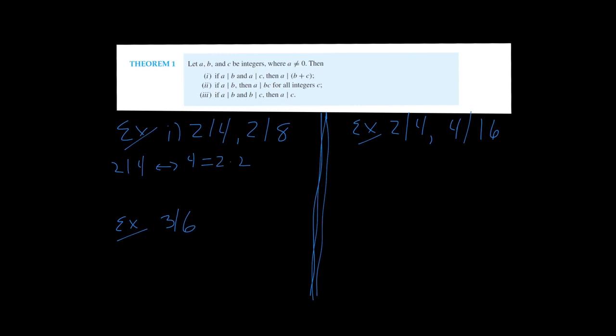And also 2 divides 8 because I can write 8 as 2 times 4. Well, putting all that together, we know that 2 is going to have to divide 4 plus 8.